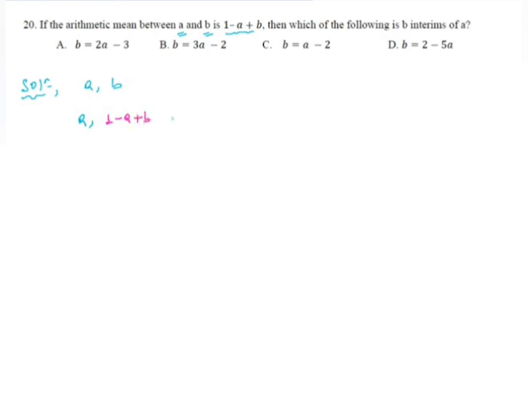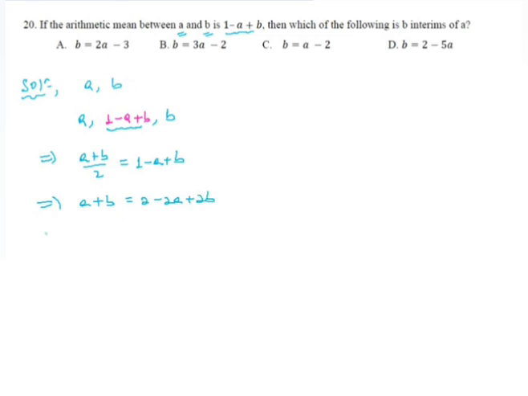Okay, so always the arithmetic mean for two numbers is the average of the two numbers. So it's always between the two numbers, so we can say A plus B over 2 will give us the arithmetic mean, which is 1 minus A plus B. So this implies A plus B will be 2 minus 2A plus 2B.